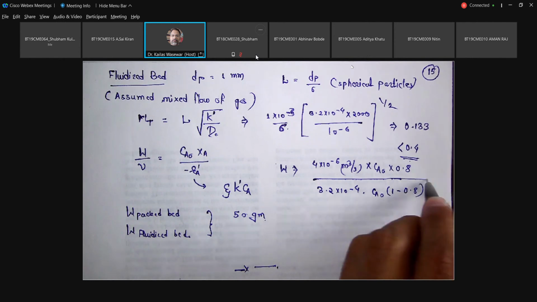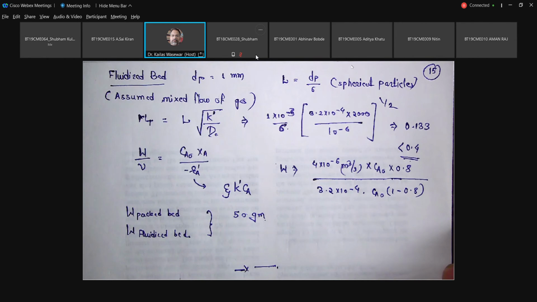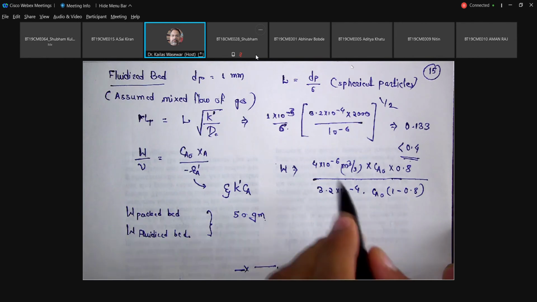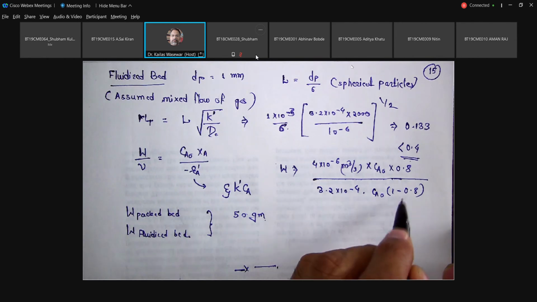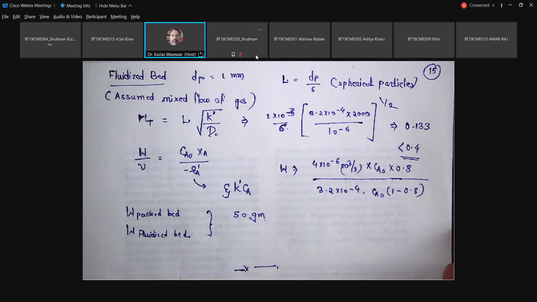Is it? So do these calculations. It is 50 gram. So in both cases, the weight of the catalyst requirement is 50.